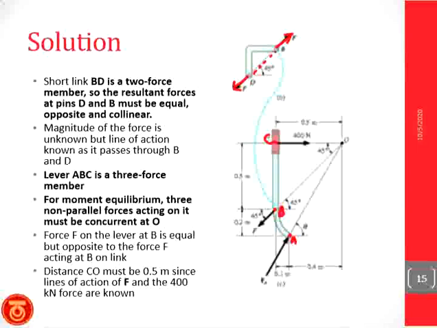So for moment equilibrium, the three non-parallel forces acting on it must be concurrent at O. Force F on the lever at B is equal but opposite to the force F acting at B on the link.